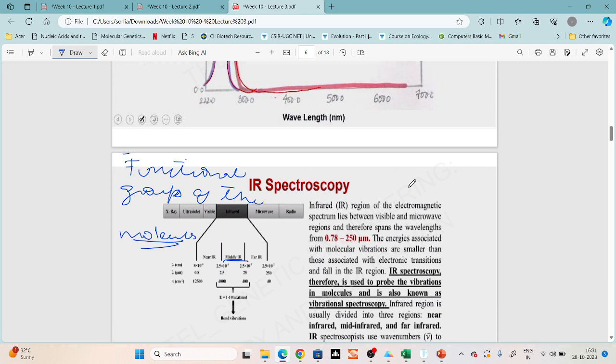UV spectroscopy was easier: absorption and emission, when an electron goes from a ground state to an excited energy state. Infrared spectroscopy is also simple, but you have a few more conditions, such as that the molecule should be IR active, and how to identify the functional groups in the infrared spectrum.